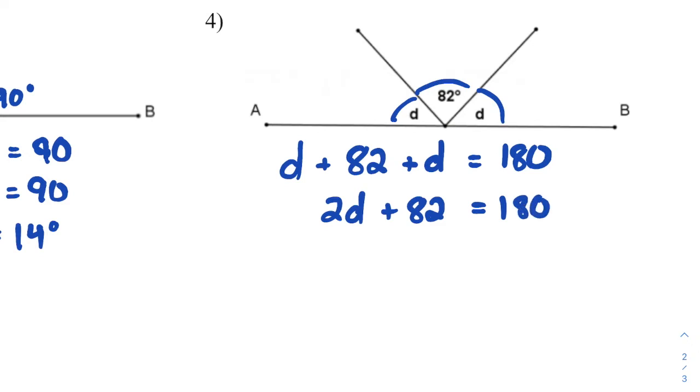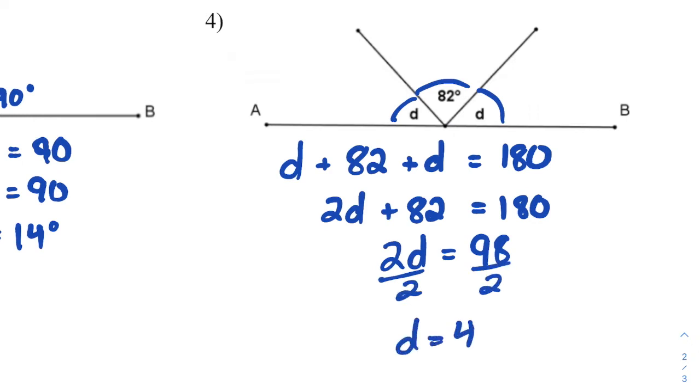Subtract 82 from both sides and then divide by 2. Subtracting 82 gives 98, and then dividing both sides by 2, we get 49 degrees. So D is 49.